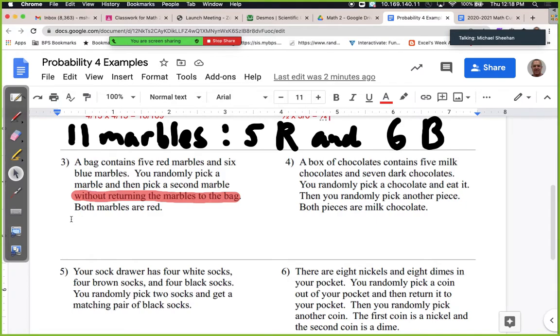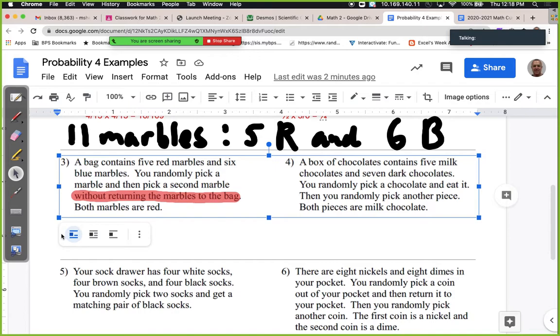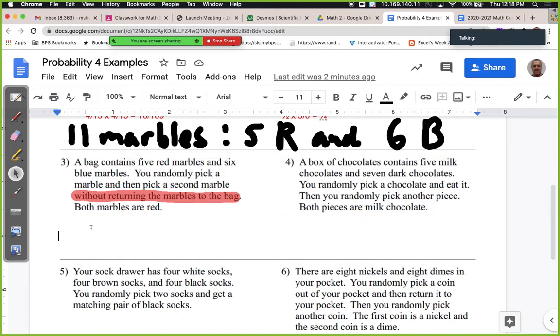All right, so the first time I pick, what's my probability of getting a red marble? 5/11. Good, 5 out of 11. All right, but now I want my second marble to be red.